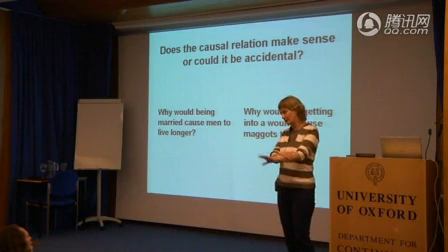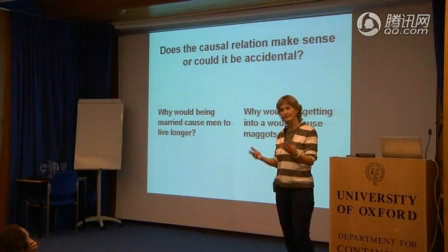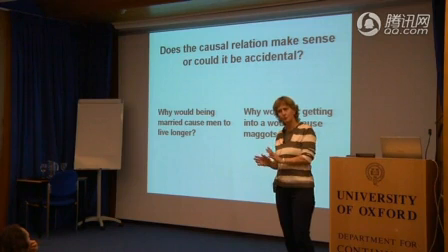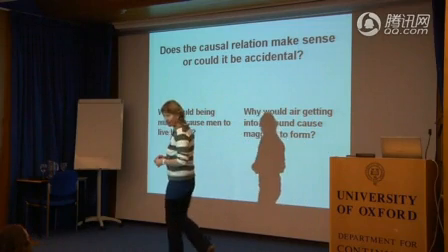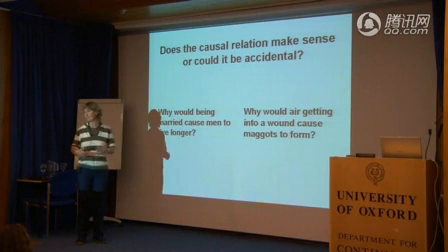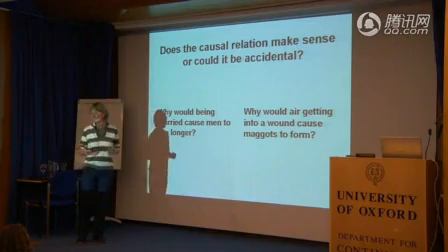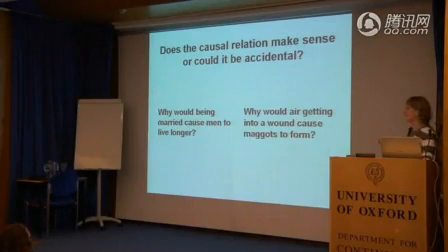And she sees that the ones she's covered up don't get maggots, whereas the ones that are left open do get maggots. So she's formed a hypothesis: could it be that air getting into the wound causes maggots? But why would that be the case? Perhaps because there's something carried in the air that causes maggots to form, and actually we know now that that is the case. So, okay, does the causal relation make sense?